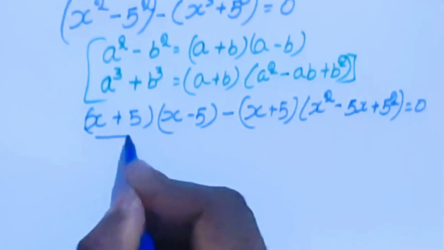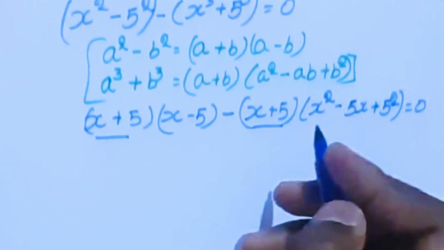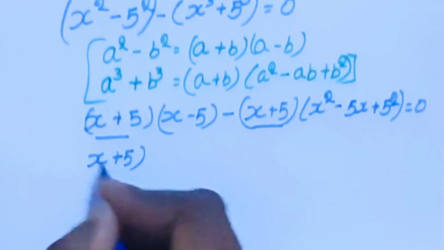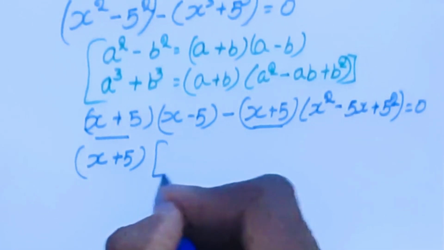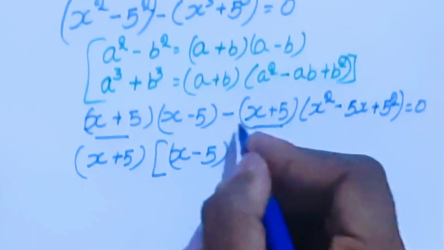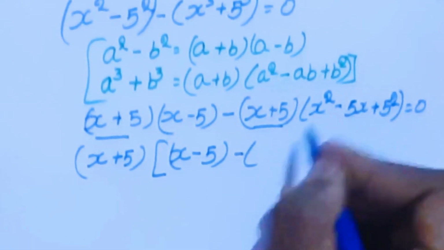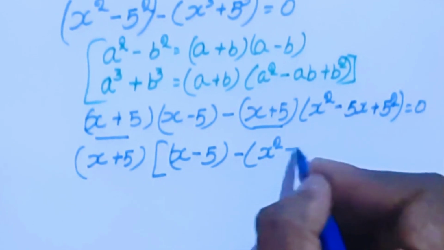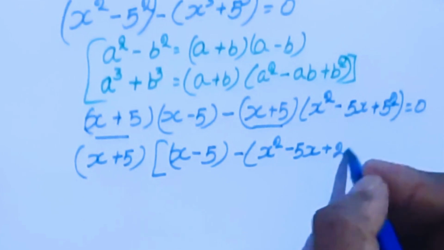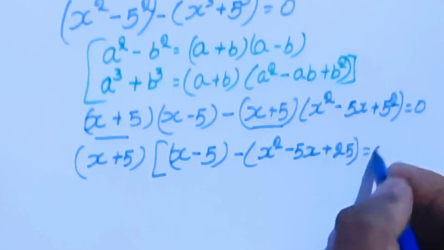Now we are going to take x + 5 common, so (x + 5) open bracket, we have remaining x - 5, here minus this one, (x^2 - 5x + 25) = 0.